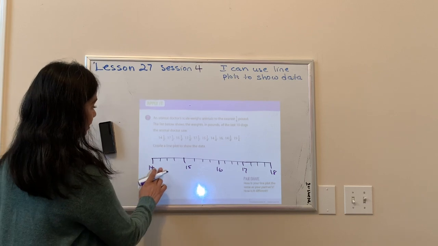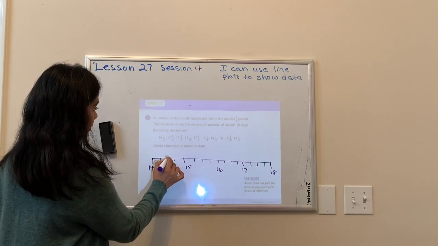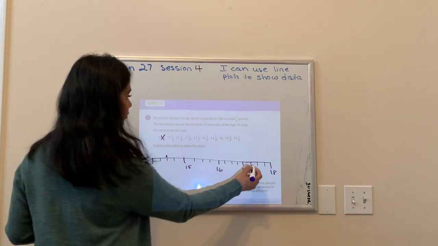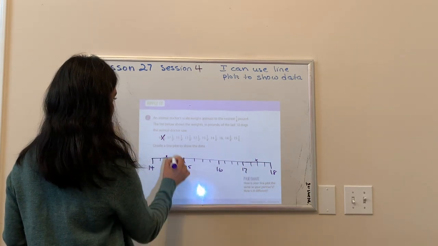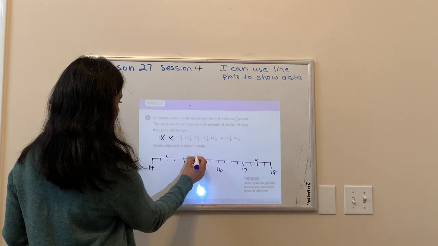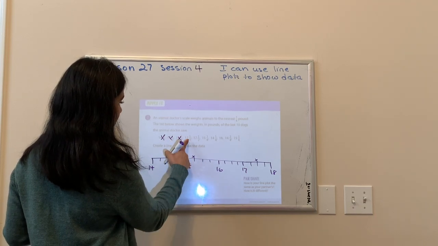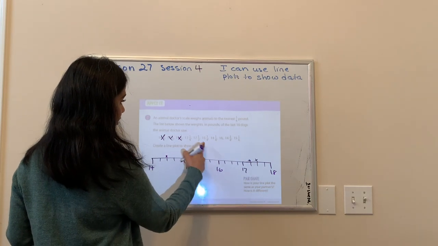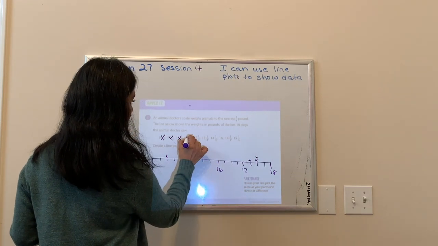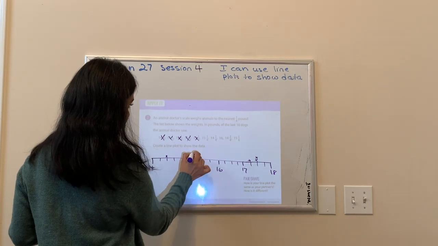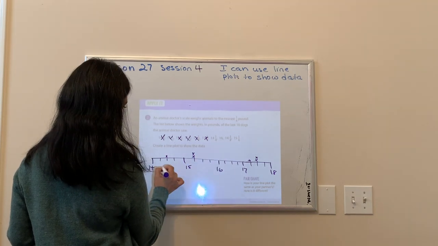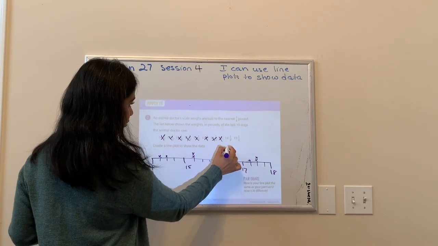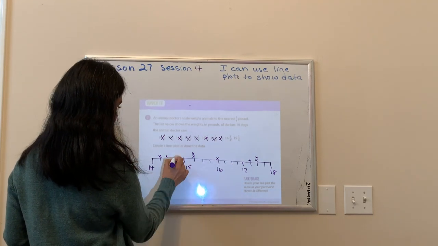So 14 and a half is going to be here, so that's one dog, right? 17 and a half is going to be here, that's another dog. 15 and a quarter is going to be here. 17 and a quarter is going to be here. And 17 and a half is going to be here. 15 and a quarter here. 14 and a quarter here. 16 and then 14 and 3/4.